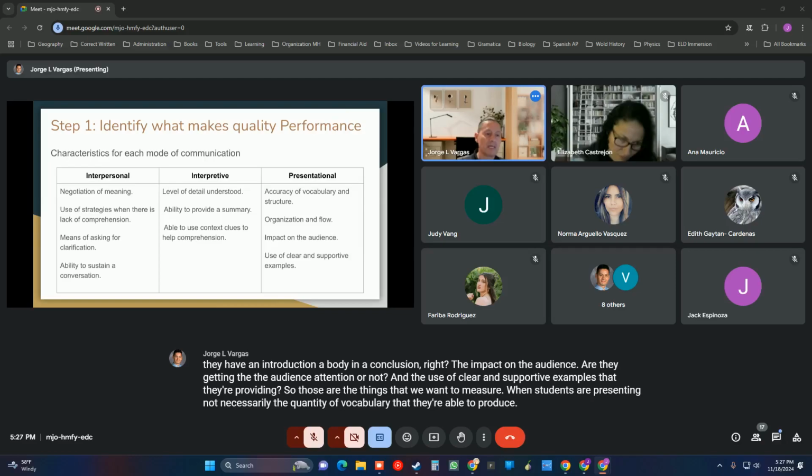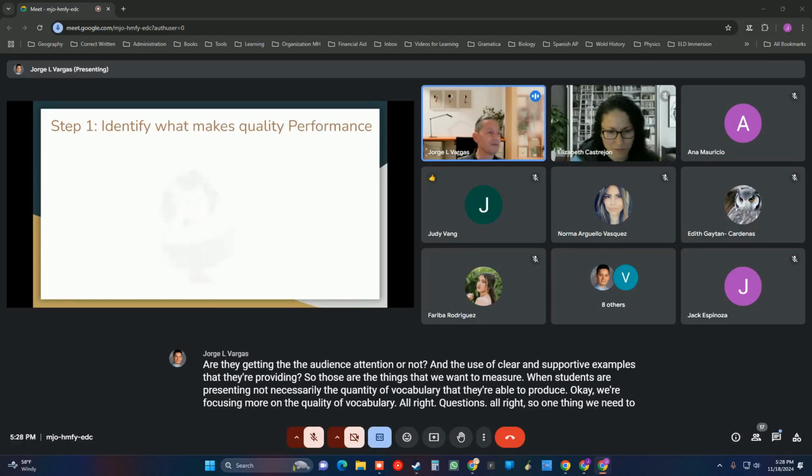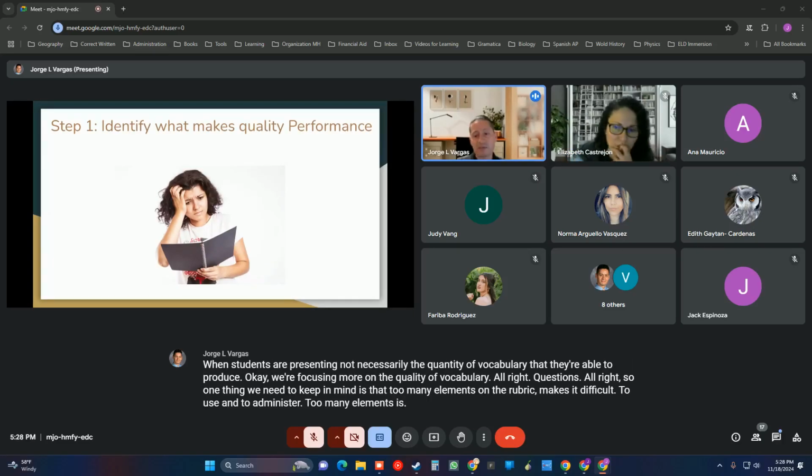All right. One thing we need to keep in mind is that too many elements on the rubric make it difficult to use and to administer. Too many elements are difficult for the students to keep track of, with everything that is expected of them. But for you, the teacher, it's too difficult to even grade with that rubric because you're not going to be able to keep up with every single thing.